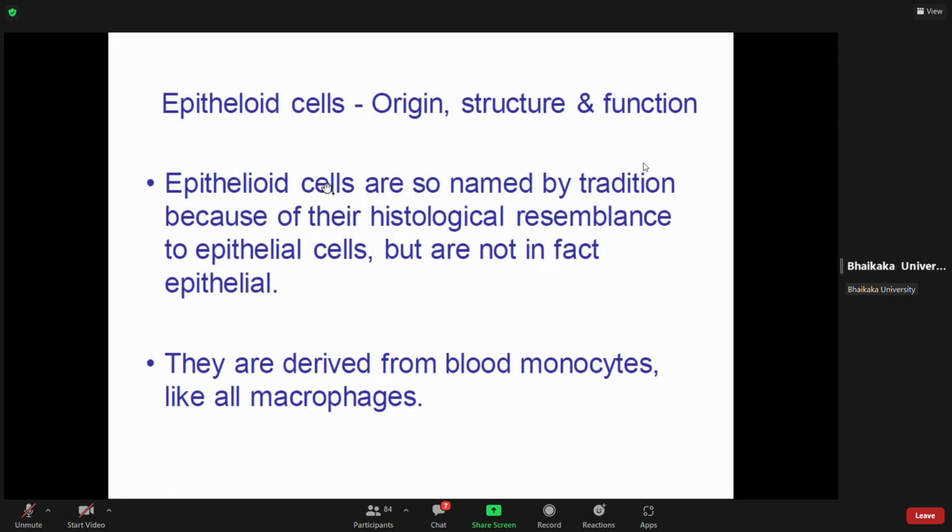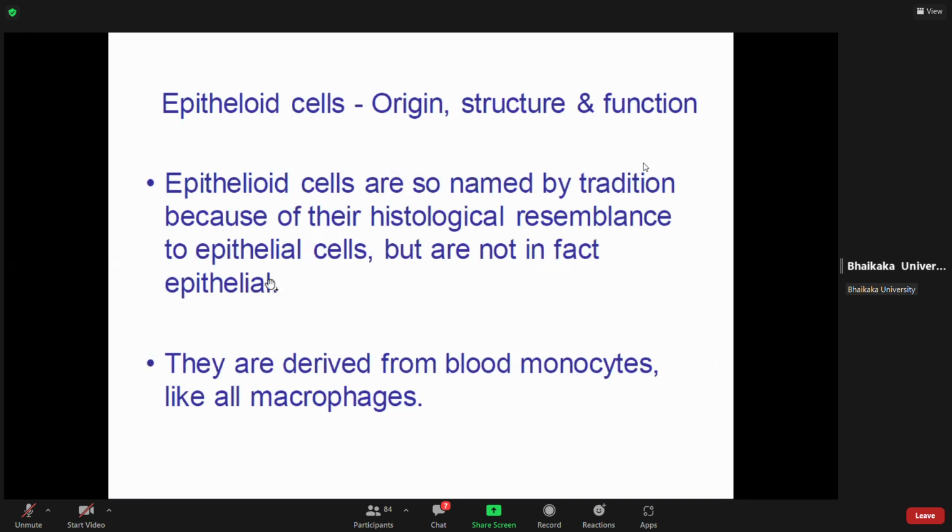They are named because of their appearance, but are not in fact epithelial. Remember, just the shape is similar, but otherwise the function is not like epithelial cells. But the structure is like epithelial, so they are named epithelioid cells.